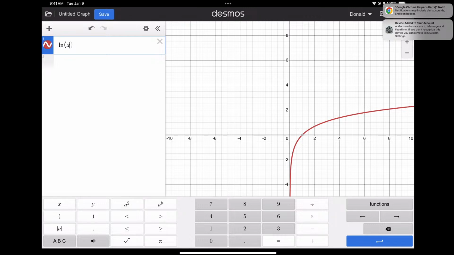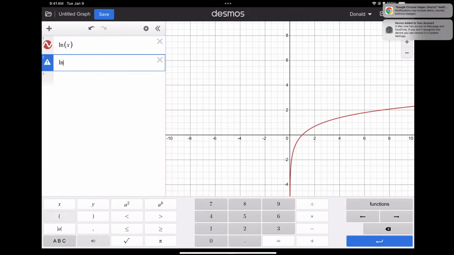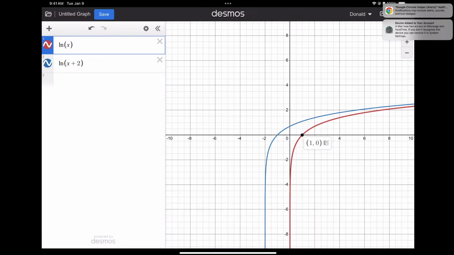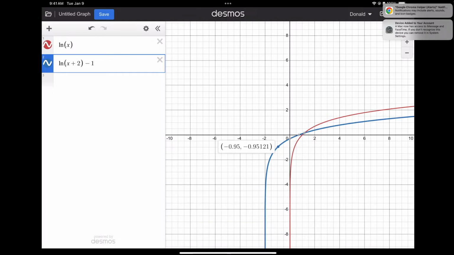It's x plus 2. Sorry, let me graph each one. So ln of x plus 2. Do you see that the point is moving left 2, right? And it's -1, so it goes down 1, which is right here. This was right here.